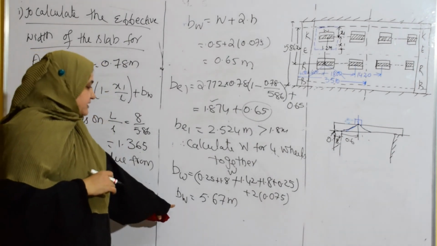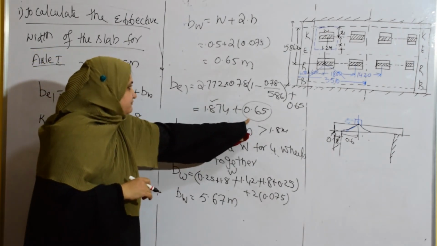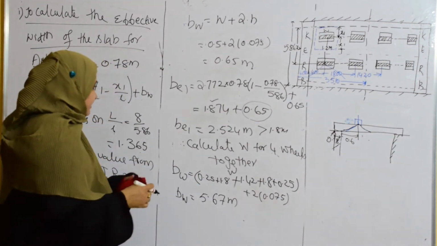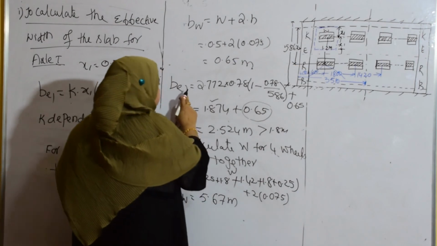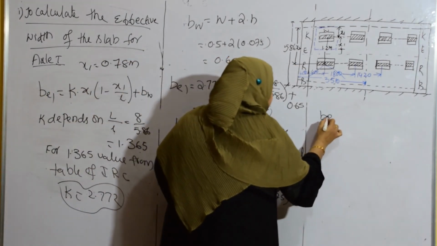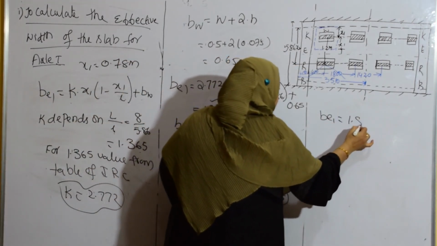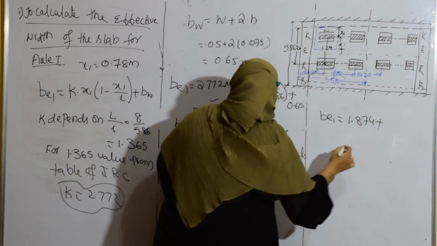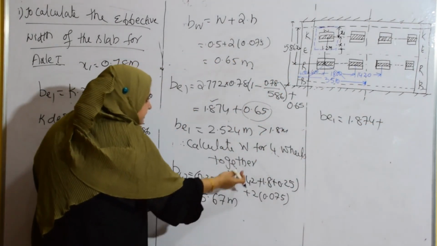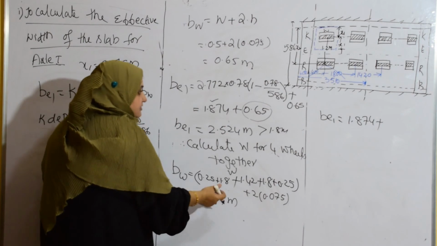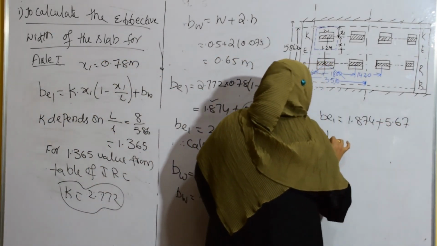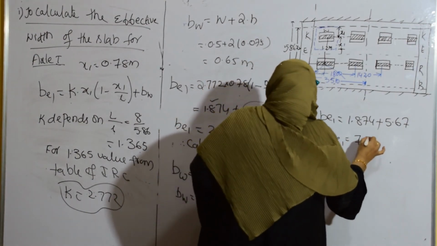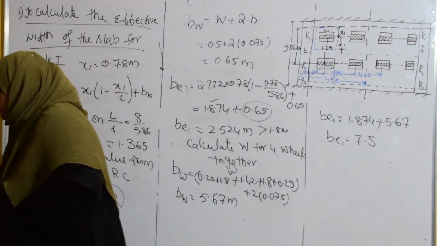So 5.67. Instead of 0.65, we have to replace it now in this BE1. BE1 is equal to, once again the same value, 1.874 plus, instead of 0.65 for one wheel, 5.67 for all the four wheels. So this comes out to be 7.54 meter.